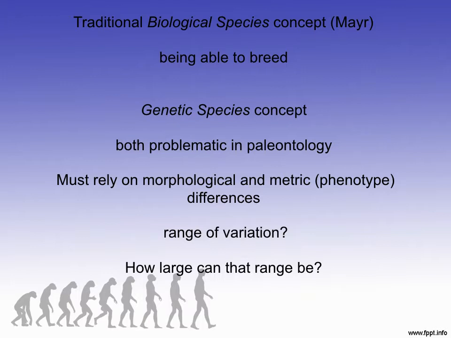So, for example, Australopithecus afarensis is a paleospecies, a paleo hominin or an extinct hominin, an ancestor in our lineage, and there's a discussion of what is the range of variation in size, in canine size, and in overall size of the individuals within this species.